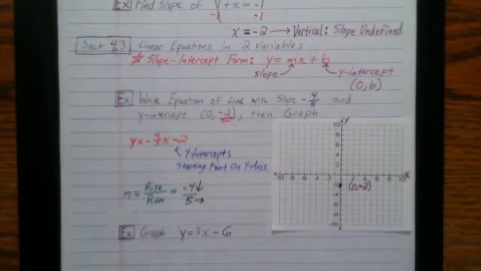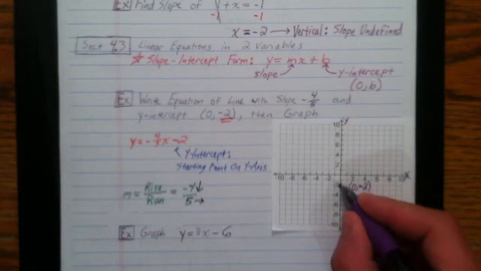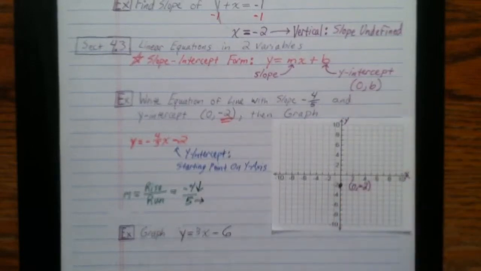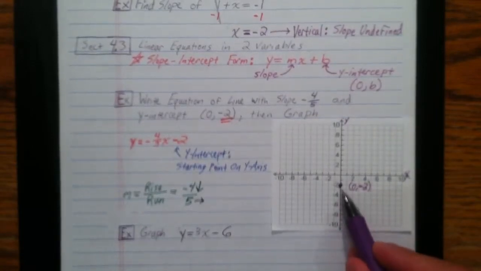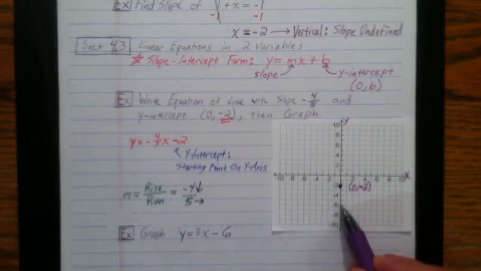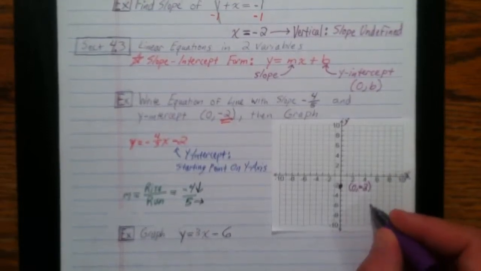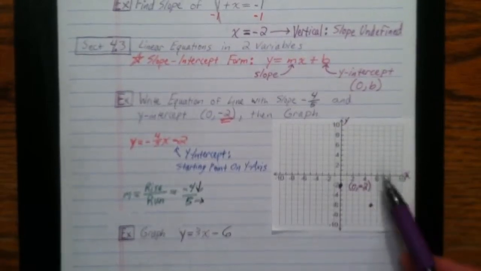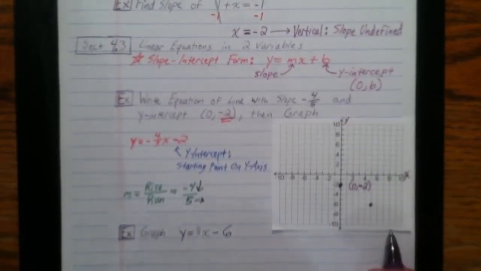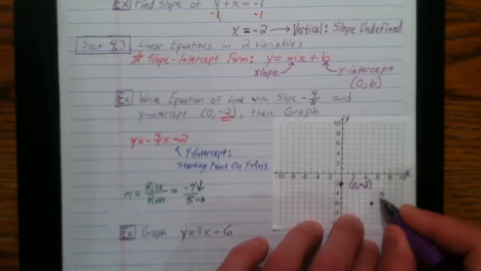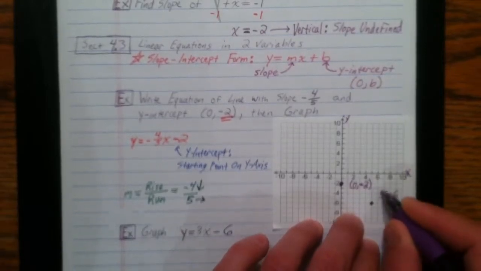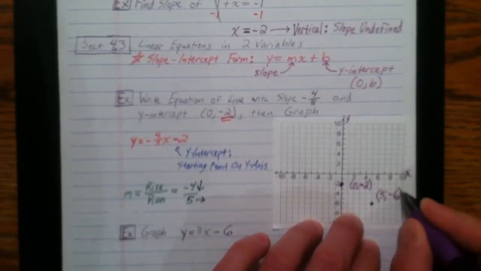So we're going to be moving 5 units to the right. So from the point we already made, 0, -2, our y-intercept, we're going to be coming down 4, 1, 2, 3, 4, and to the right 5, 1, 2, 3, 4, 5, getting us right there. That would be the point 5, -6. Okay.